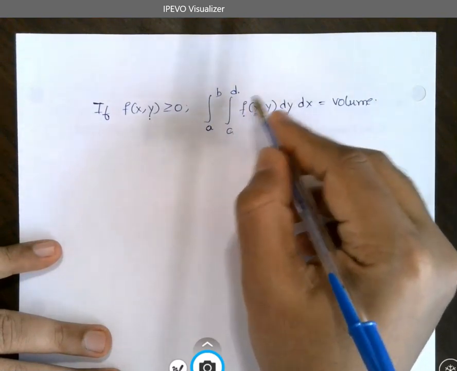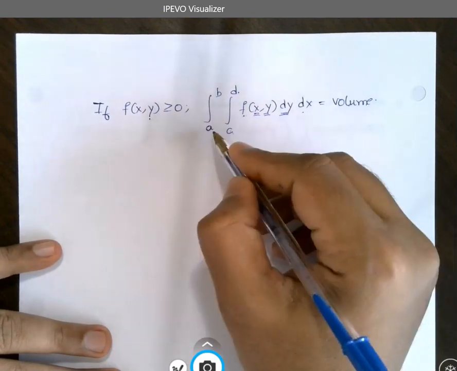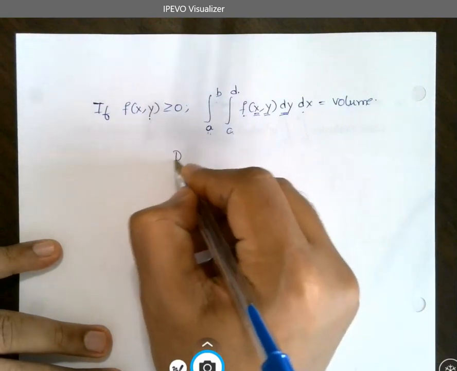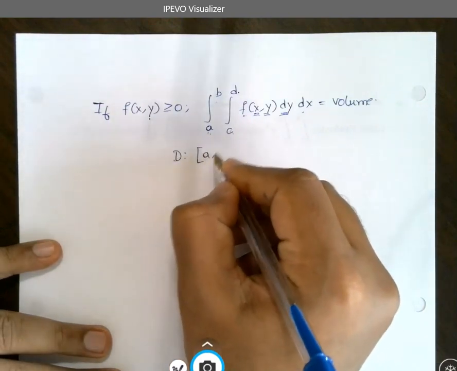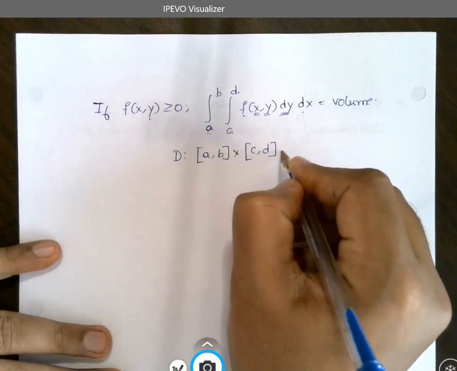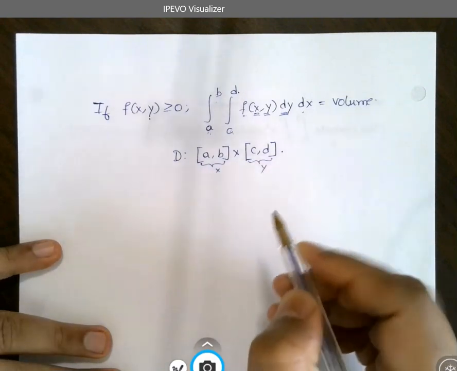Then whatever answer we get, we integrate with respect to x, and the domain for the x variable is from a to b. So the domain is always written as [a,b] cross [c,d]. This is the domain of the x variable and this is the domain of the y variable.